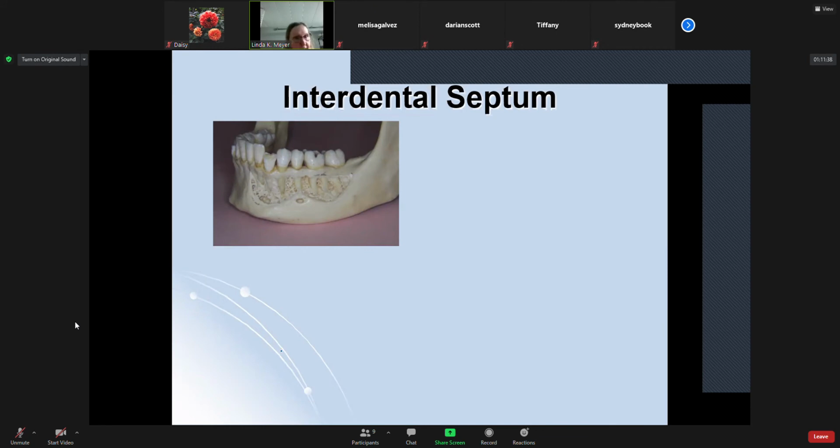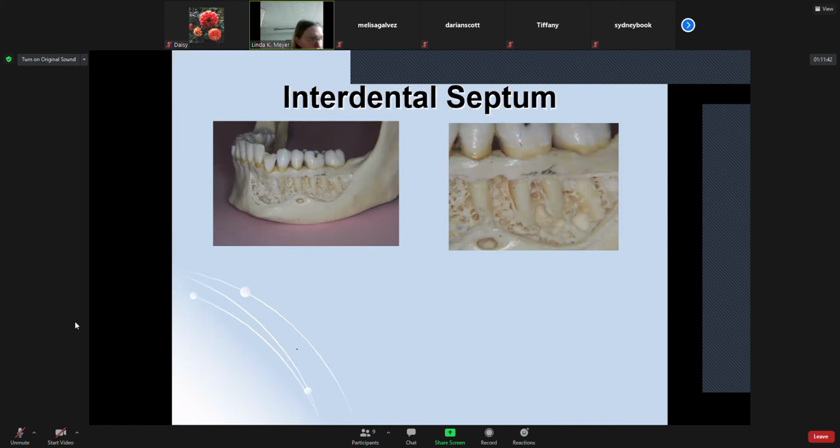This picture, again, you have a close-up of it on page 5. I just want you to see that if I identify it at a lower depth, and then here, this is all the interdental septum.